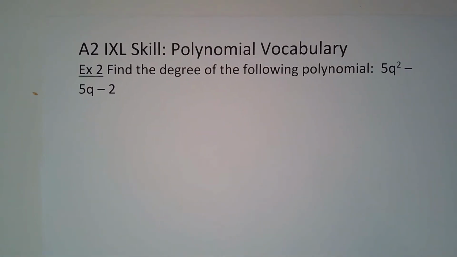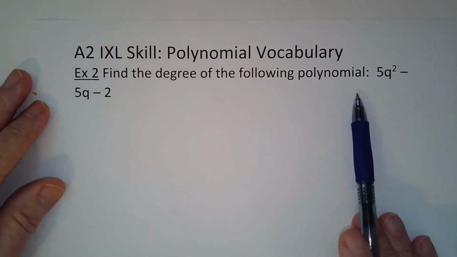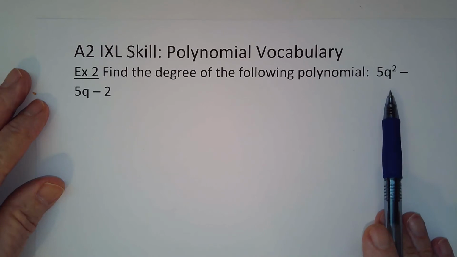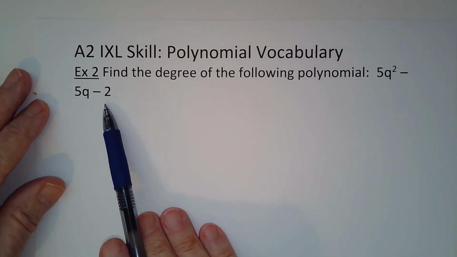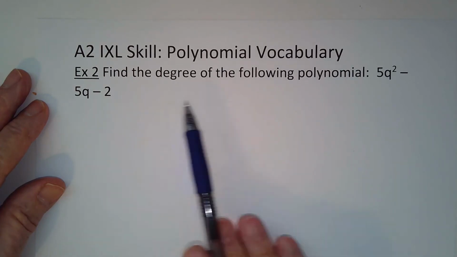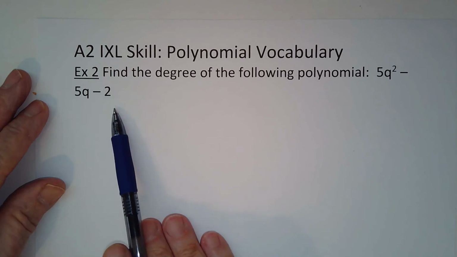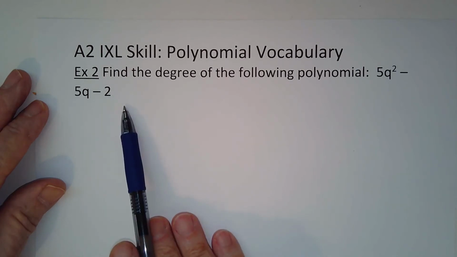Let's look at a second example. Here we're going to find the degree of the following polynomial: 5q squared minus 5q minus 2. First of all, let's ask ourselves, how many terms do we have? Well, we have 1, 2, 3 terms. This is a trinomial.